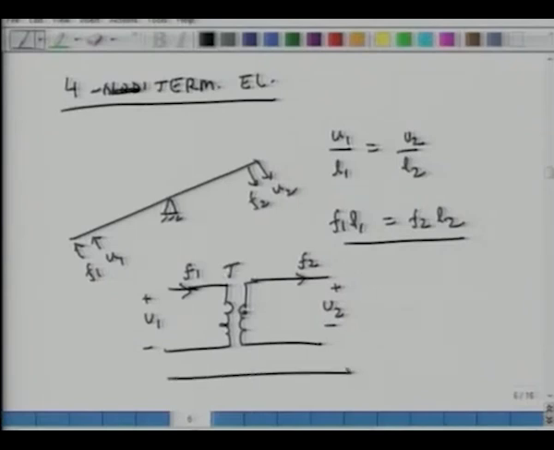And similarly, we have a current source and a voltage source in electrical land. We can similarly have a force source and a velocity source in mechanical land. What is a force source? There are some machines, tensile testing machines. You can either have a force controlled experiment, or you can have a displacement or a velocity controlled experiment.